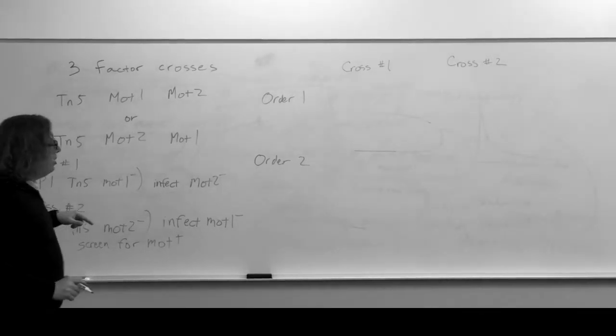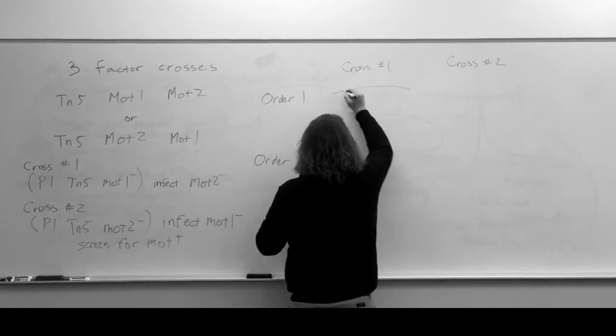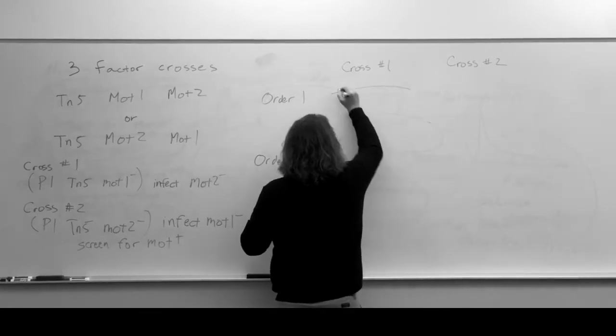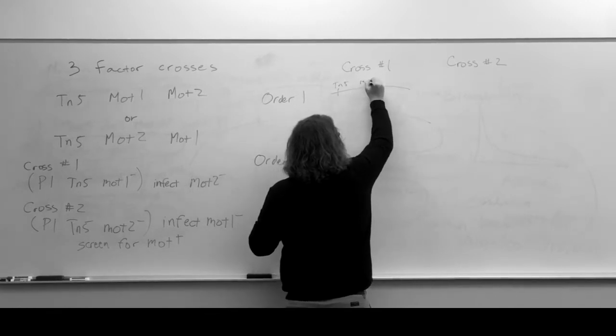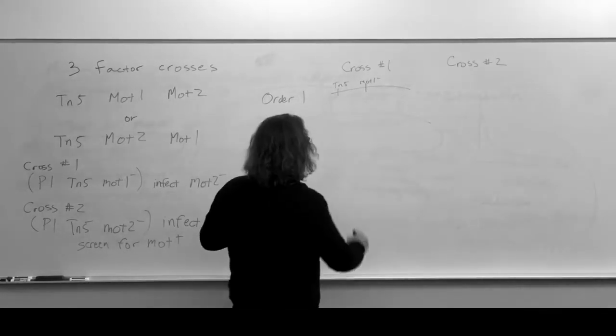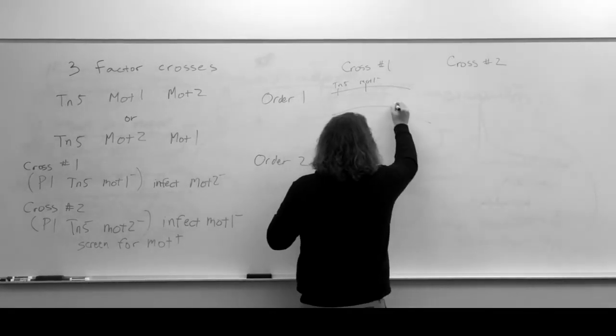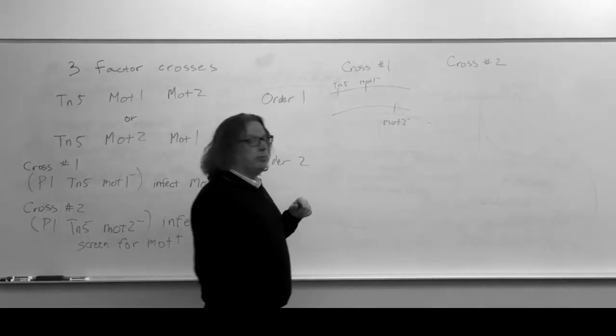All right, so what does this look like? Well, in order 1 we have Tn5 and mod 1 minus, and we're using it to infect a strain that is mod 2 minus.